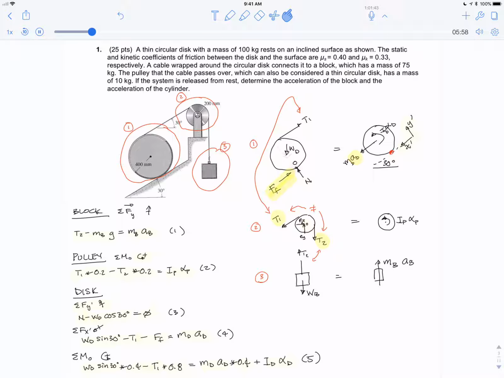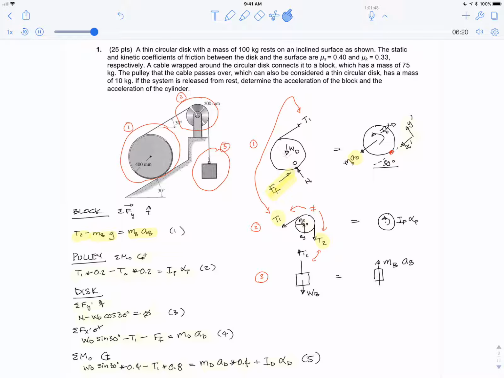So I'm taking the path of least resistance. So I'm starting with the block. That's the easiest one. So I'm taking sum Fy up as positive, so T2 up minus the weight going down will equal MA, which I assume going up. We'll get a negative sign, as you see in a little bit, for A.